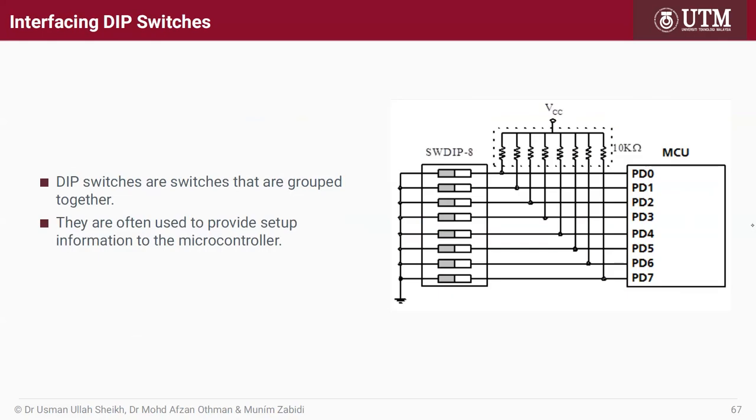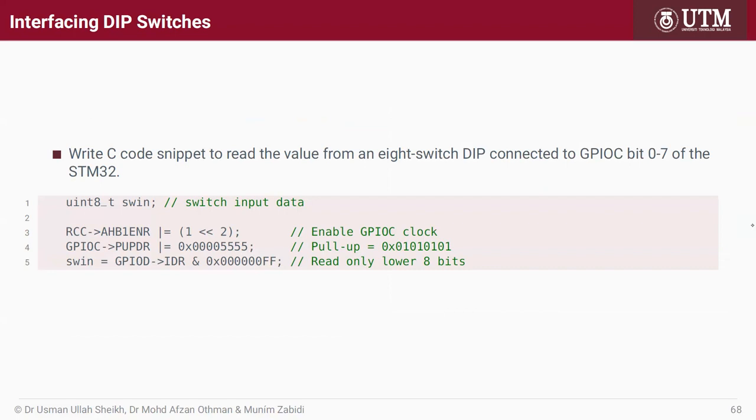Okay, so normally for switches, you can have single switches like the one on the Nucleo, or you can have DIP switches. The DIP switches put everything in the DIP package, and you probably find this when you need to configure something. So you can read all the data from the switch and do masking.